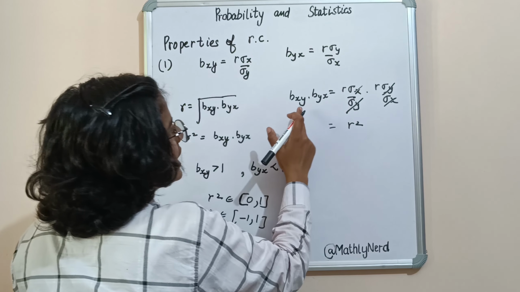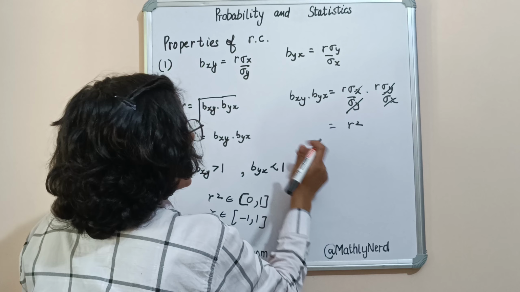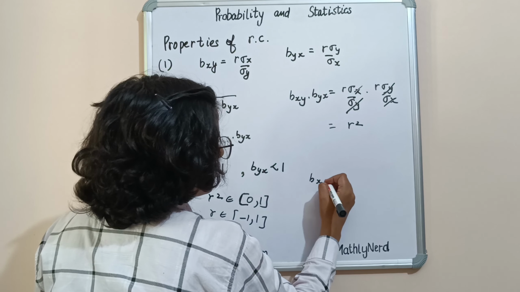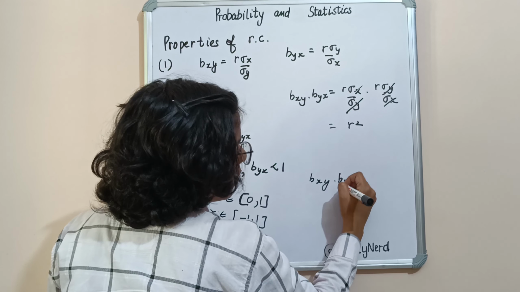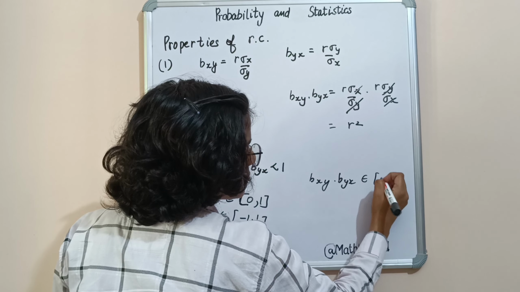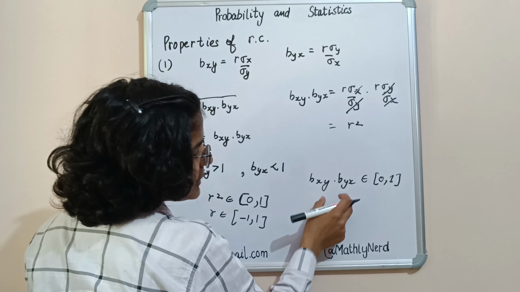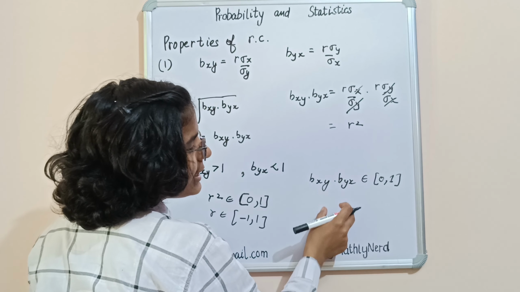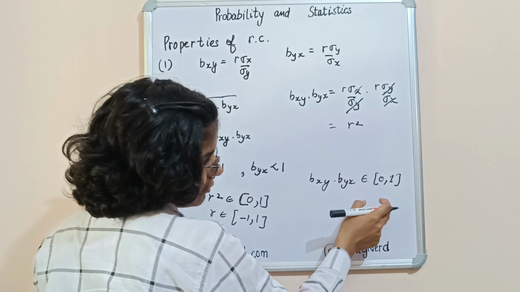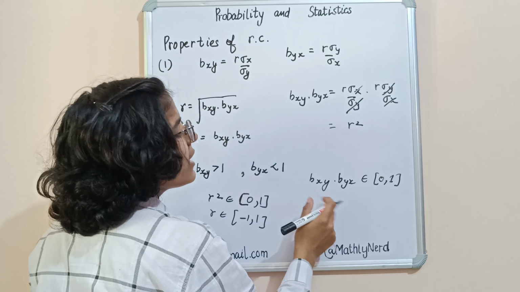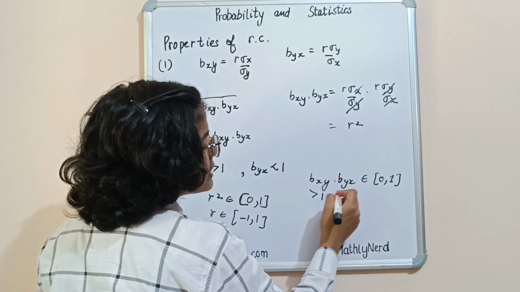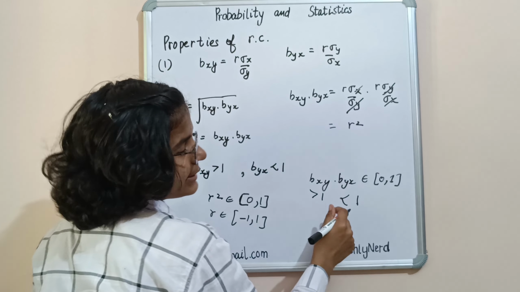So the product of bxy and byx also lies between 0 and 1, and therefore this product should always be less than or equal to 1. That's why if one is greater than 1, then the other must be less than 1.